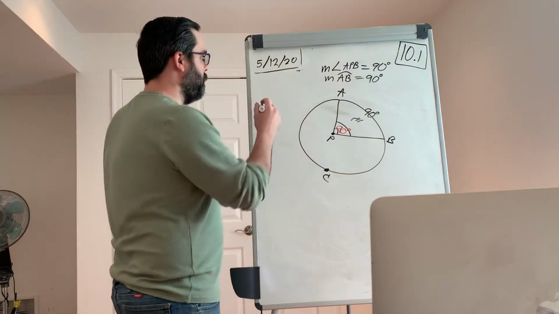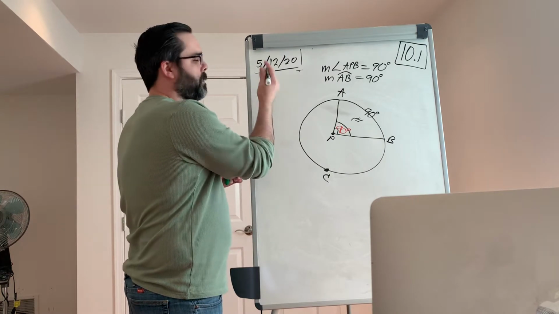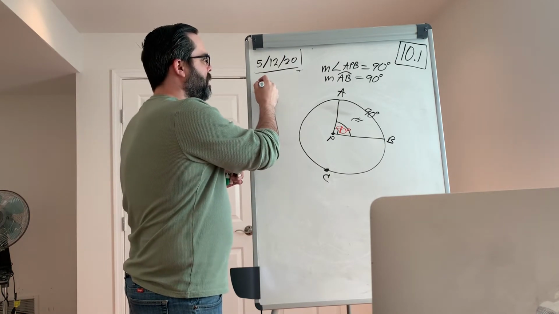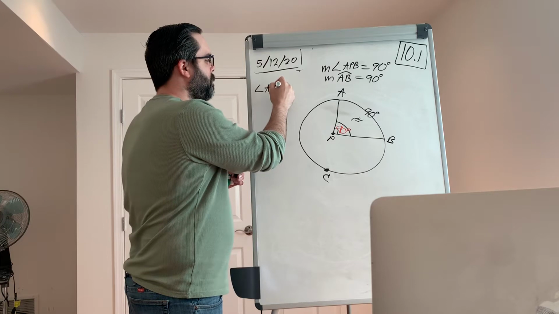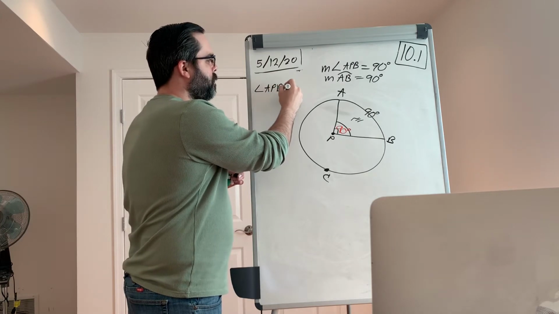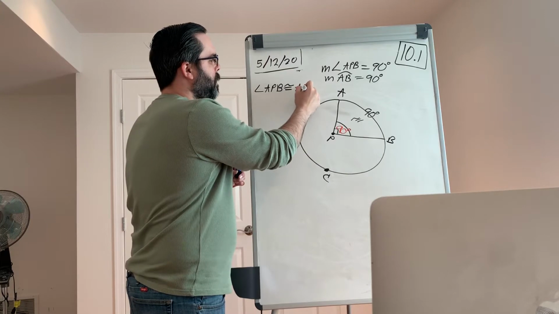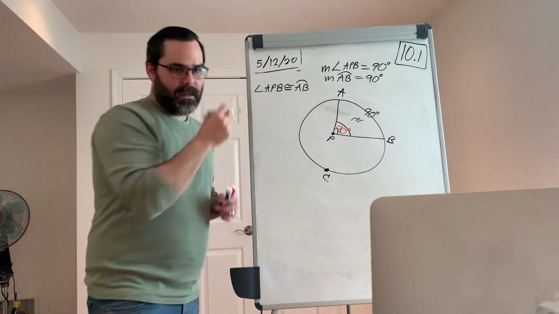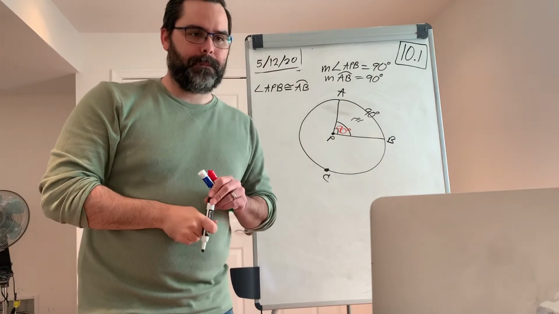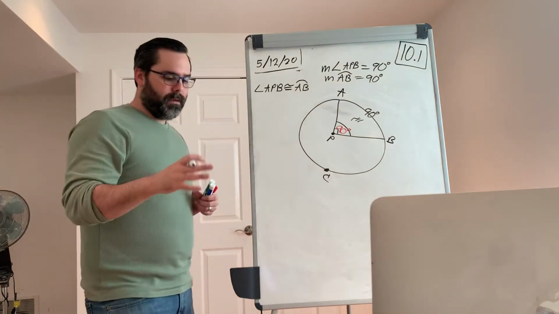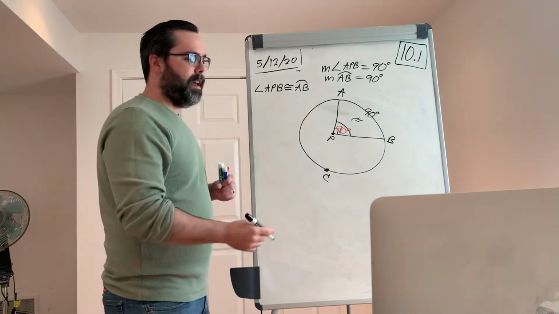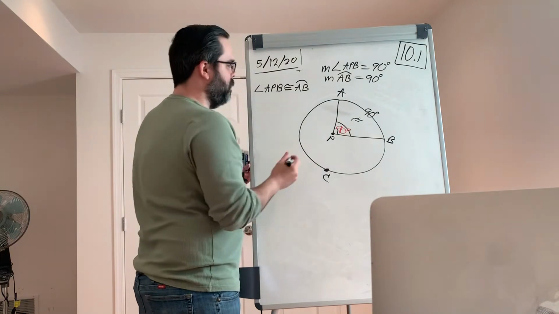So I want you to write this down, or you don't have to, but we would say that angle APB is congruent to arc AB in degrees. Okay?